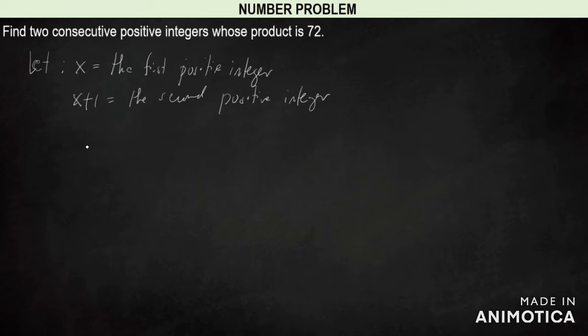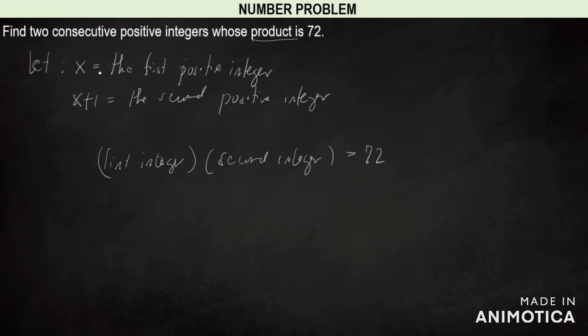So we have the product is 72. Meaning to say, we have the first integer times the second integer equals 72.